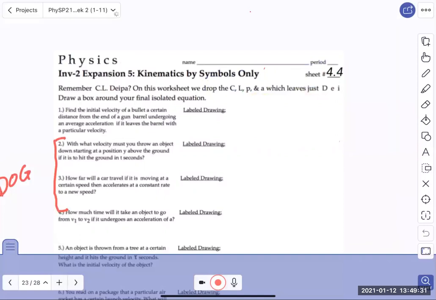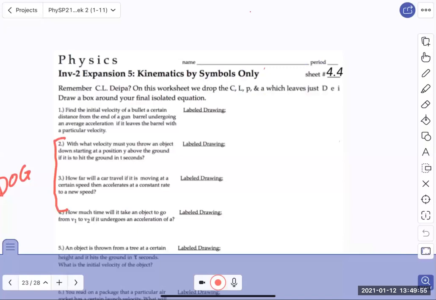Well, there's no C, no circle, no label. There is a drawing, an equation, and an isolation, but there are no numbers, no units, no plug in, no A. So of the CL-DPA, we only worry about drawing, equation, and isolation, okay?